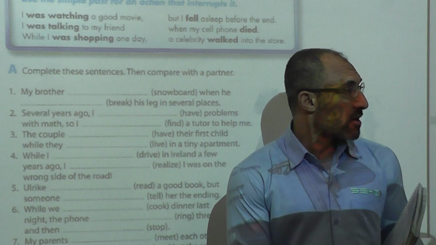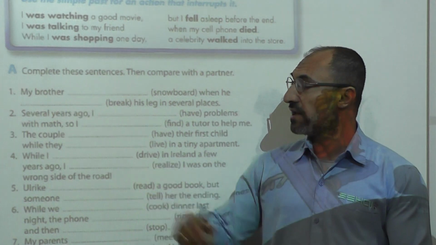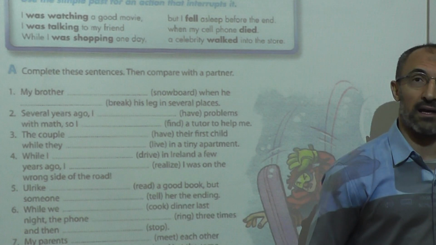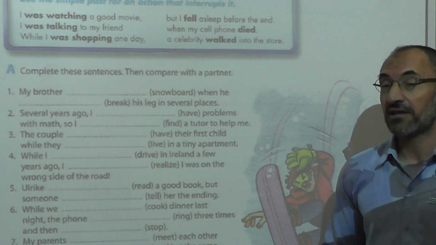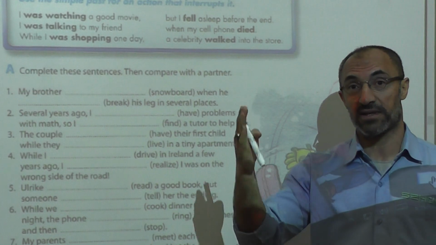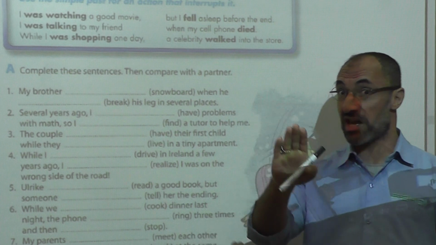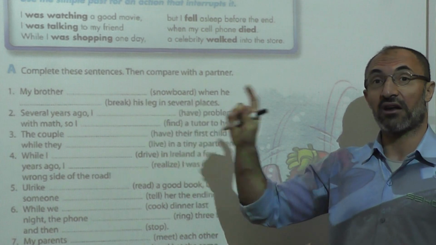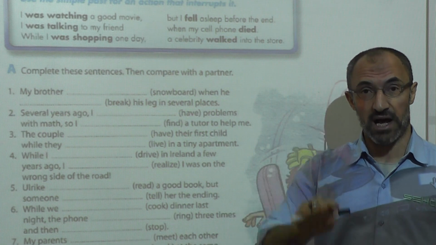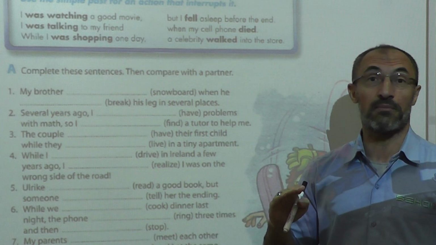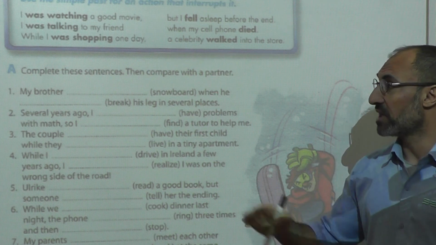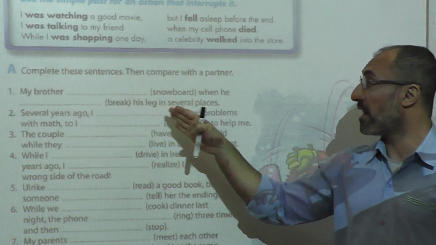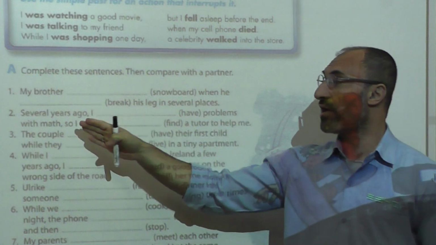Comparing several years ago with while, it's going to be followed with simple past or past continuous. Yes, it's past continuous. So, several years ago, I, and I here is a singular pronoun, was or were? It's going to be was. So several years ago, I was having problems with math.